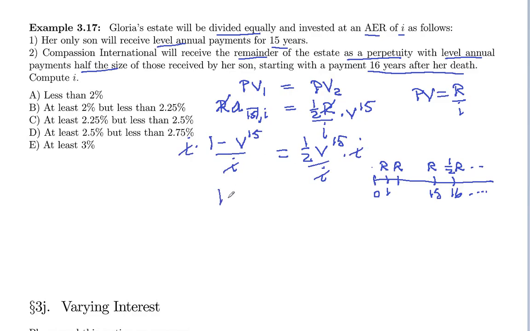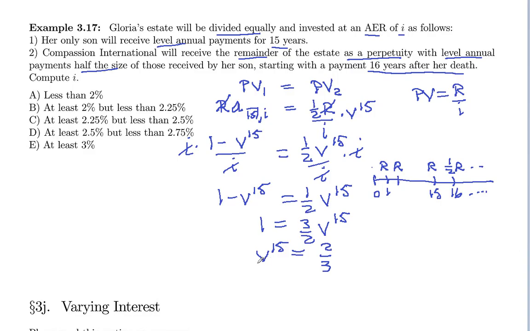So now we've got 1 minus v to the 15 equals 1/2 v to the 15. So now bring this negative v to the 15 over, just solve for v to the 15. So we get 1 equals 3/2 v to the 15th. So multiply both sides by 2/3. v to the 15th is equal to 2/3.